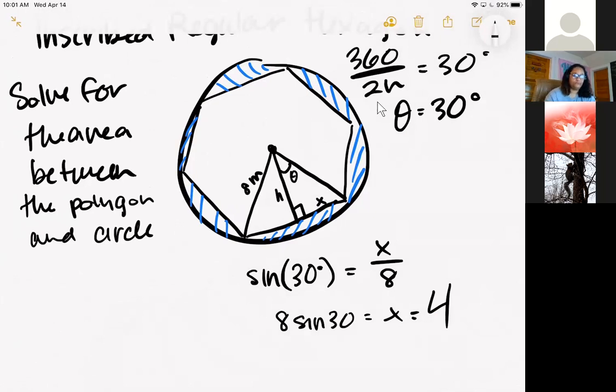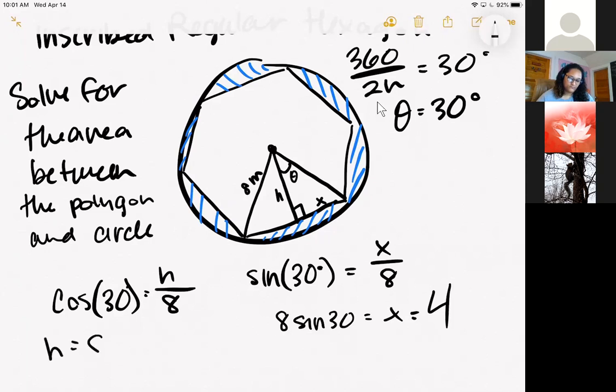We could do cosine of 30 degrees equals h over 8, which is also 8 cosine of 30 degrees, and that's like 6.93, something like that.